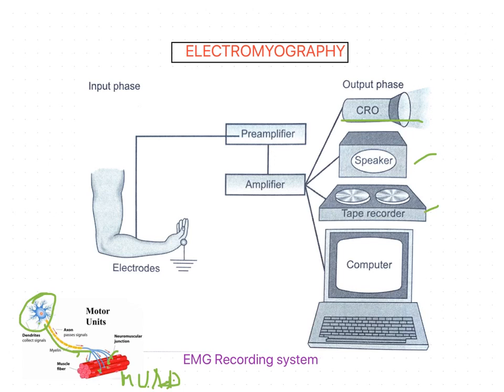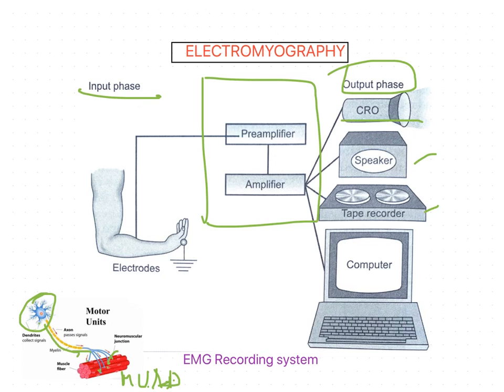Normally the recording of EMG requires 3 phases: an input phase, a processor phase, and the third, the output phase. The input phase includes electrodes to pick up electrical potential from contracting muscles.